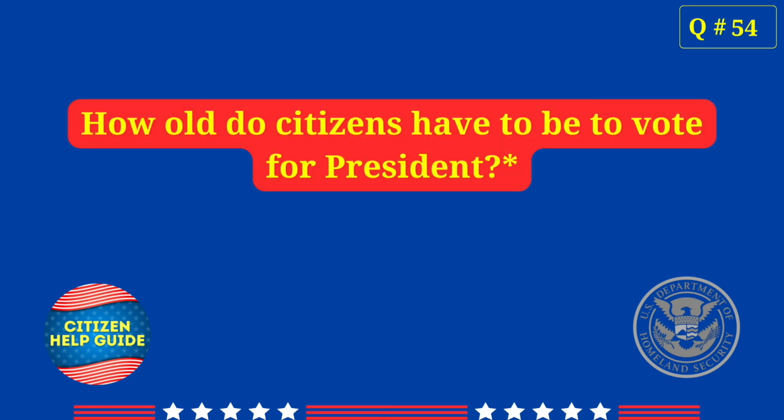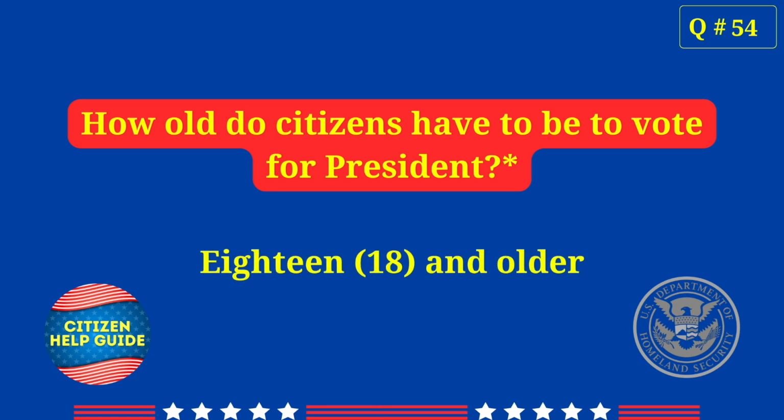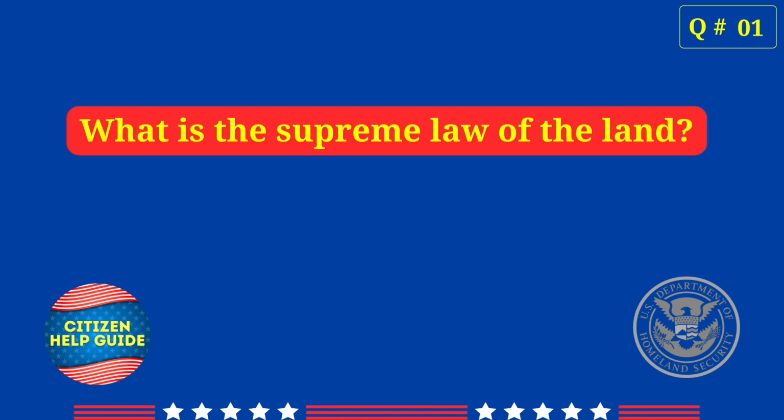How old do citizens have to be to vote for president? 18 and older. What is the supreme law of the land? The Constitution.